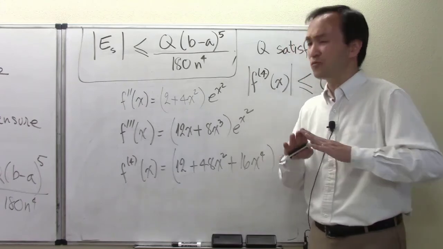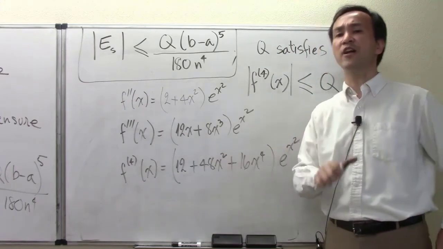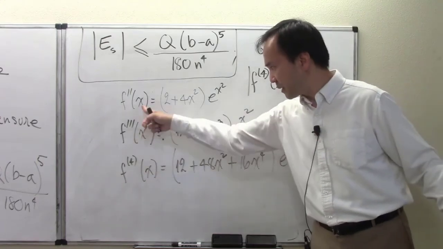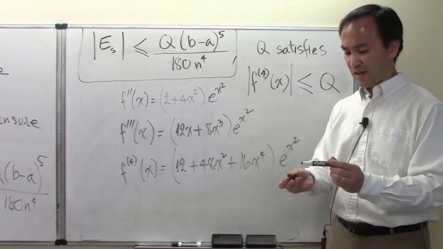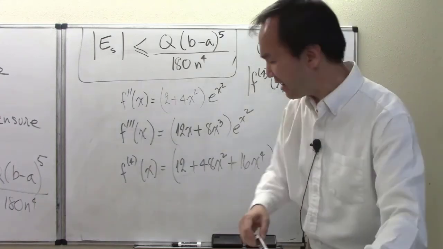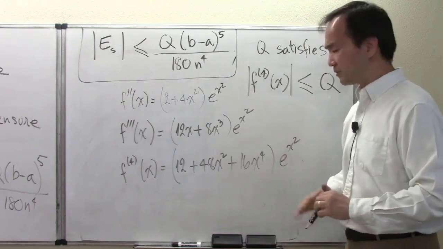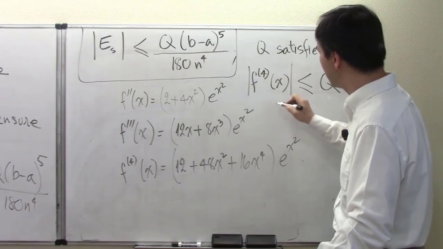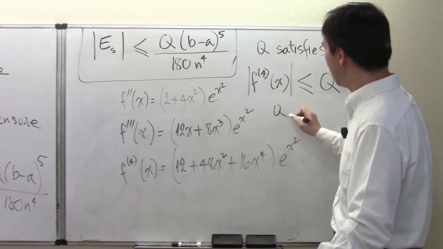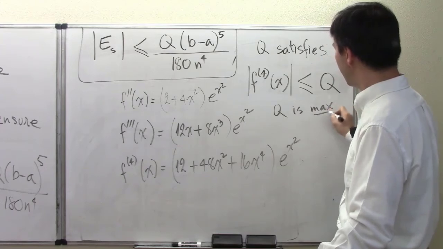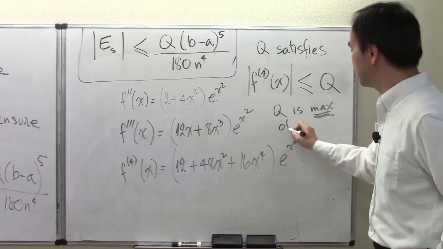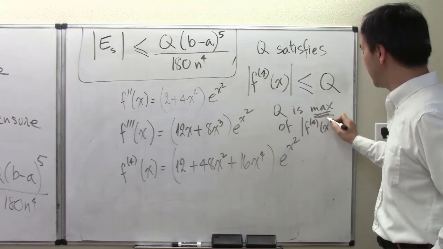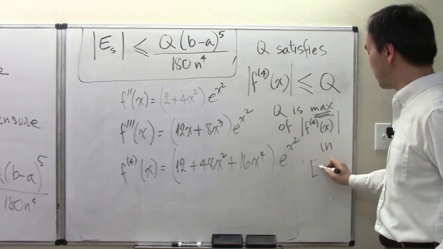Once you get out of calculus 1, the differential calculus, any derivative is generally a function with respect to that main variable. So the way I'm seeing it, I want to see this as a maximum. Q is the maximum of the absolute value of the 4th derivative of the function f, at least in the interval from 0 to 1.